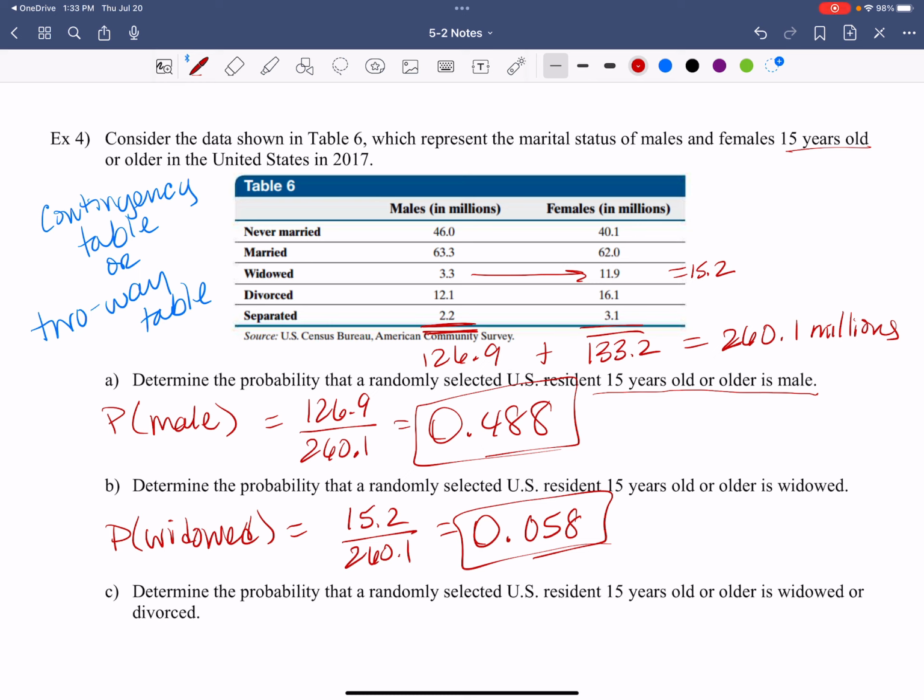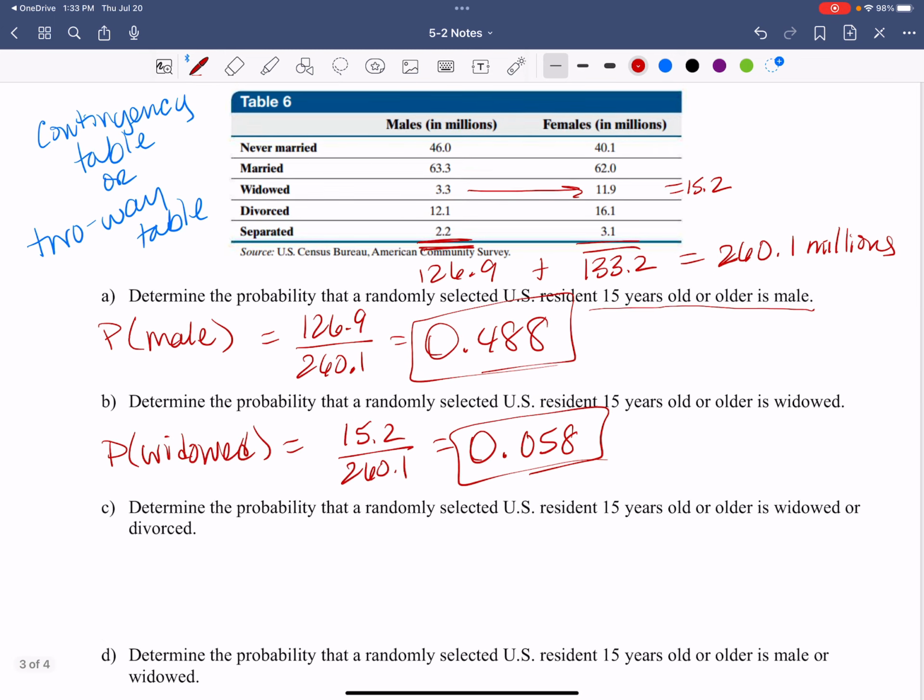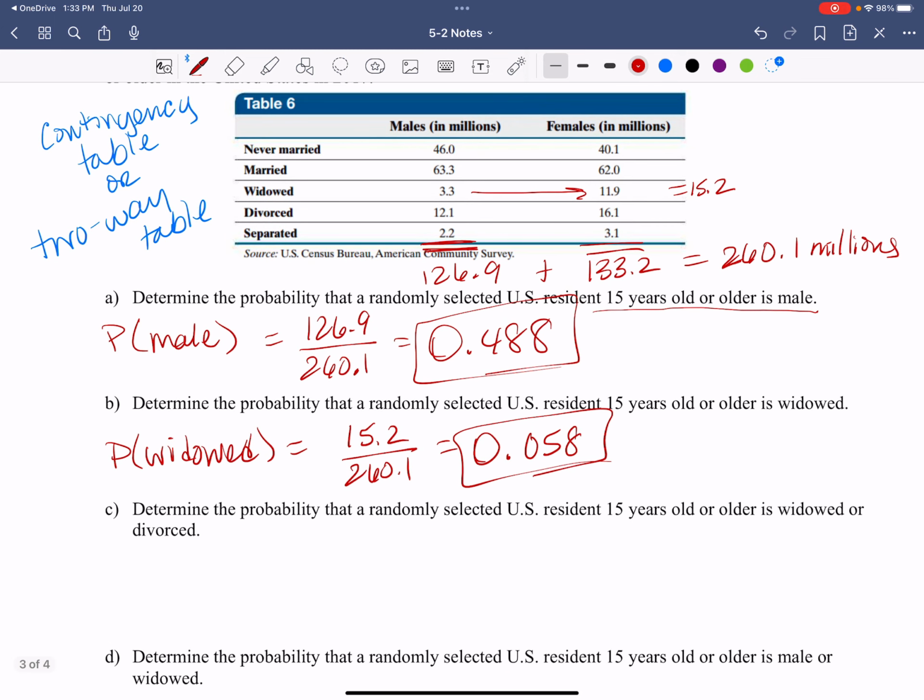All right. Okay. Now, I'm going to scoot this up a little bit. What if I have determine the probability that a randomly selected U.S. resident is widowed, ooh, there's that word again, or divorced. So the probability that this person is widowed or divorced.